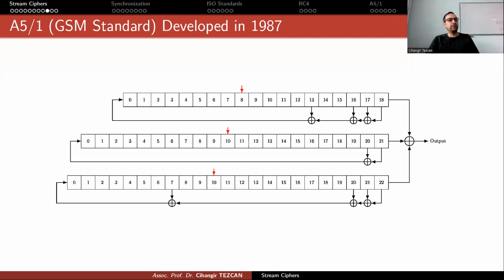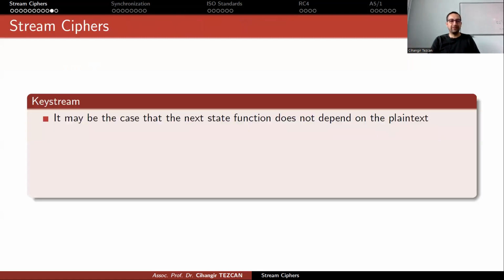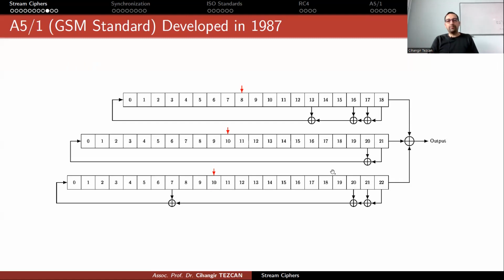We can actually listen to every 2G GSM communication when they use this. You can create a very small device yourself, put it into your backpack, walk around and listen to every communication if they are using this. This is the important part, but we will talk about it when we talk about dedicated stream ciphers in a minute. But here the idea is that you are producing a key stream.